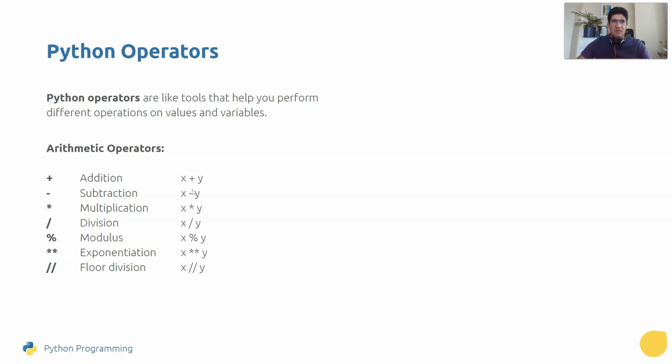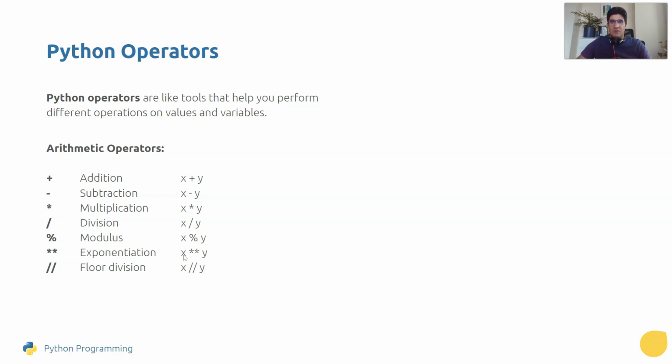So I think everybody knows about addition, subtraction, multiplication, division. Modulus is to return the remainder of a division. And then exponentiation, so in fact it will multiply x by itself y times.